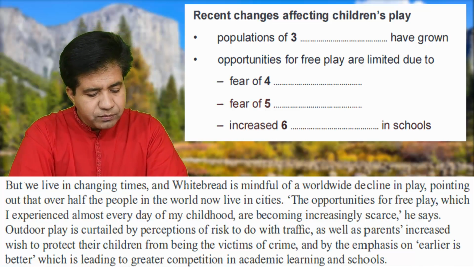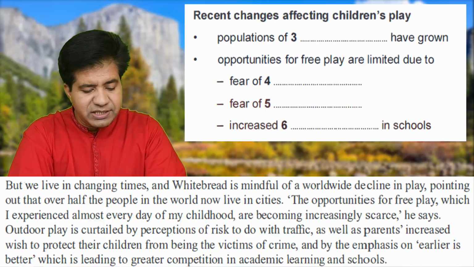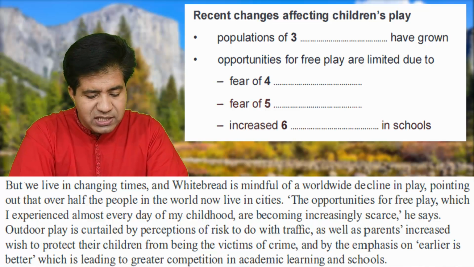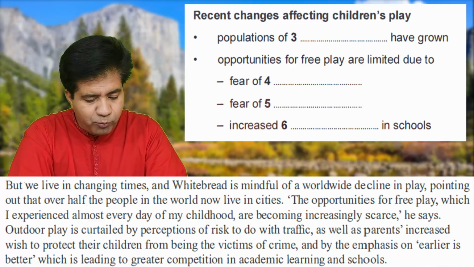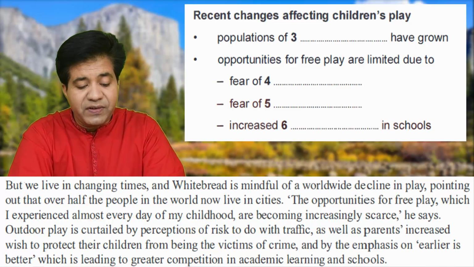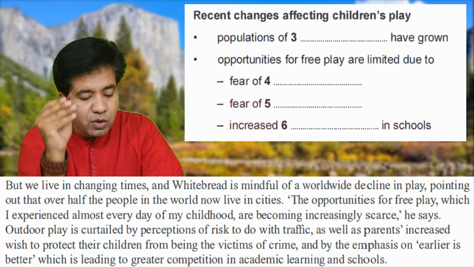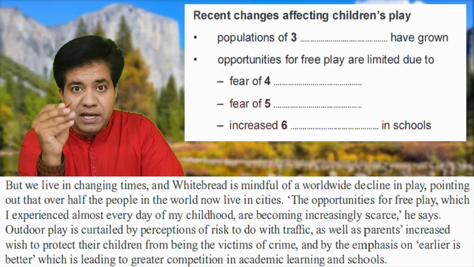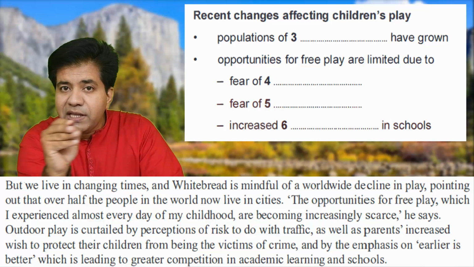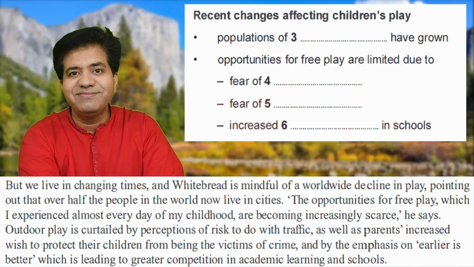But we live in changing times, and Whitebread is mindful of a worldwide decline in play, pointing out that over half of the people in the world. For population they are using the phrase over half the people in the world.